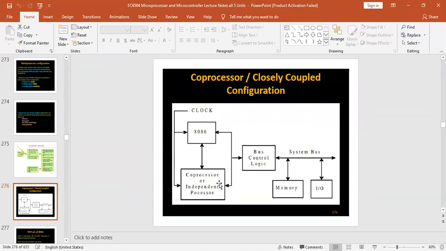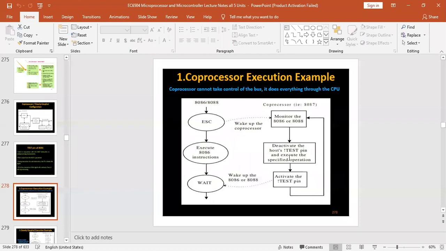The diagram for closely coupled and coprocessor is the same. Here the 8086 processor is there and the coprocessor is connected to it. Both 8086 and the coprocessor share the control bus, memory and IO.